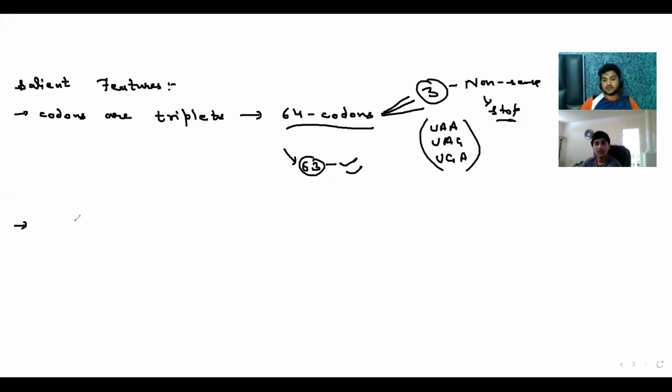This property is called unambiguous. Each codon codes for only one amino acid, a particular amino acid. This is known as unambiguous. I got your point, I will come to that point also, which you are thinking.